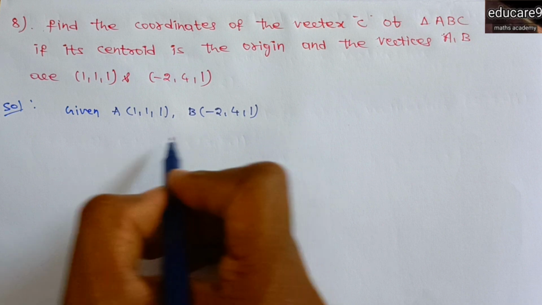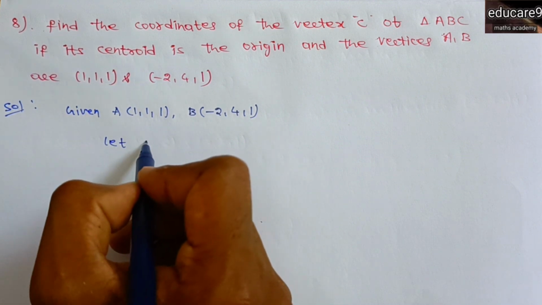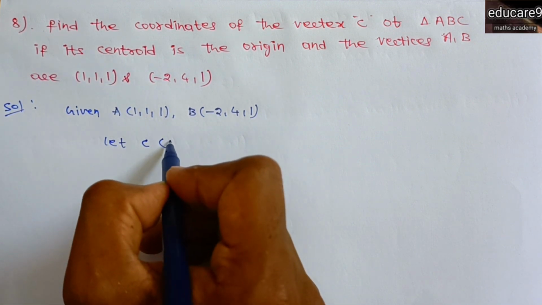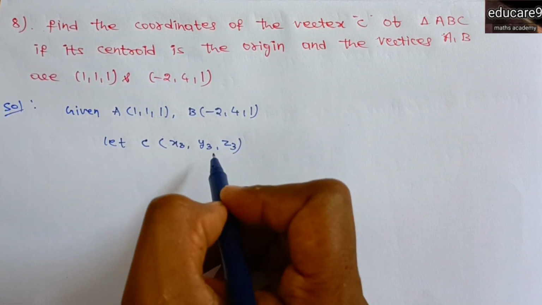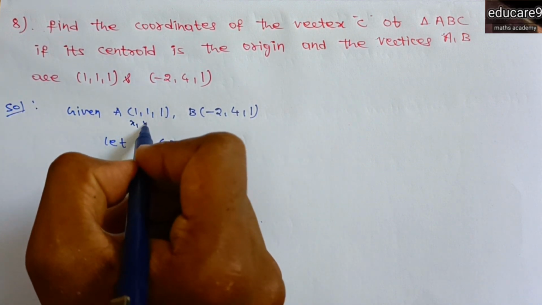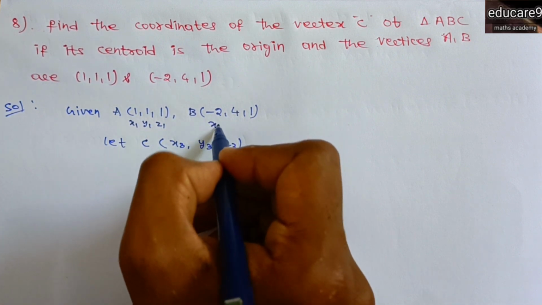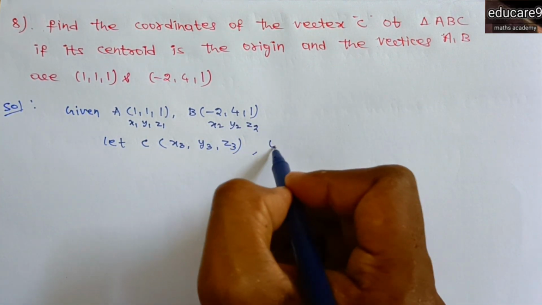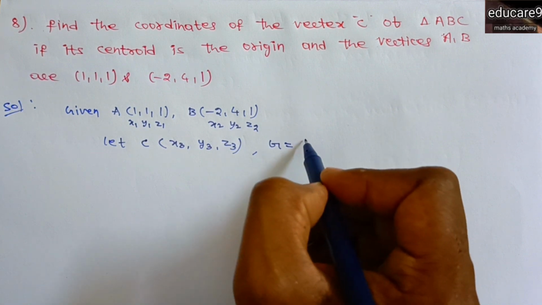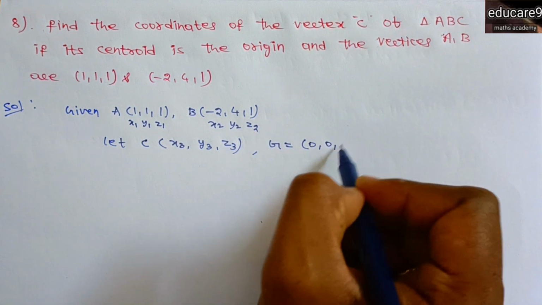To find C, let us consider C as x3 y3 z3, A as x1 y1 z1 and B as x2 y2 z2, and also given G, the centroid, is the origin. Origin means 0, 0, 0.